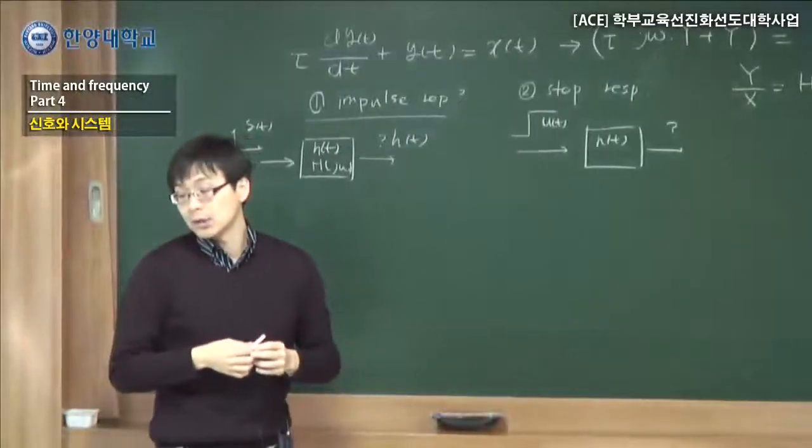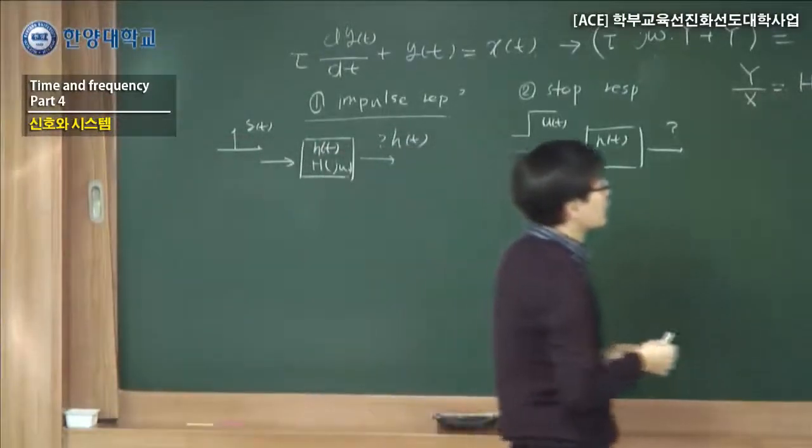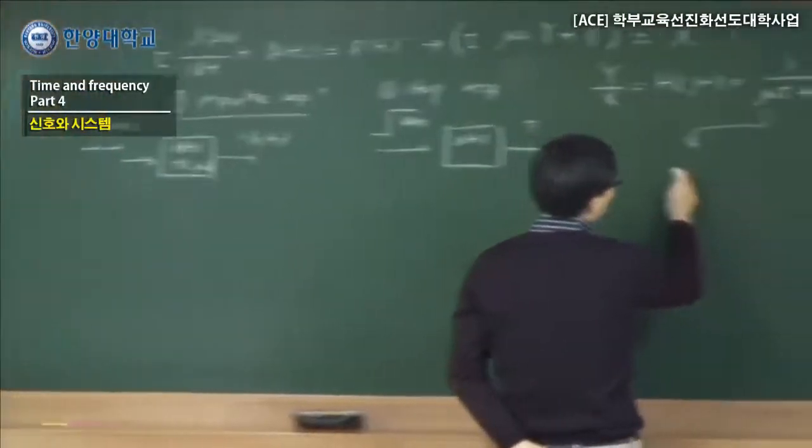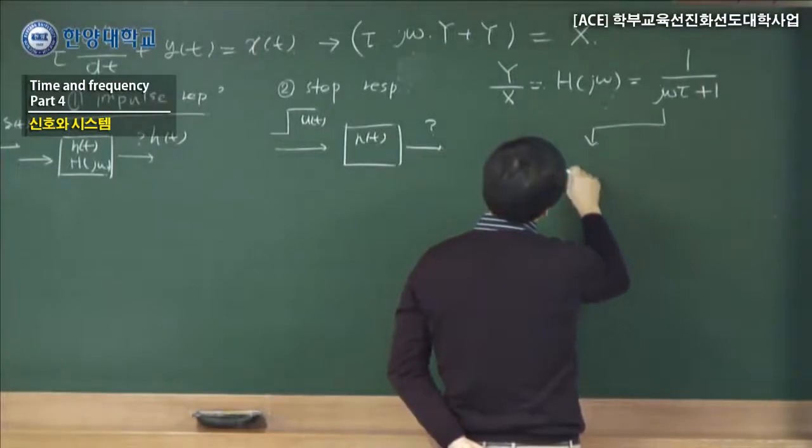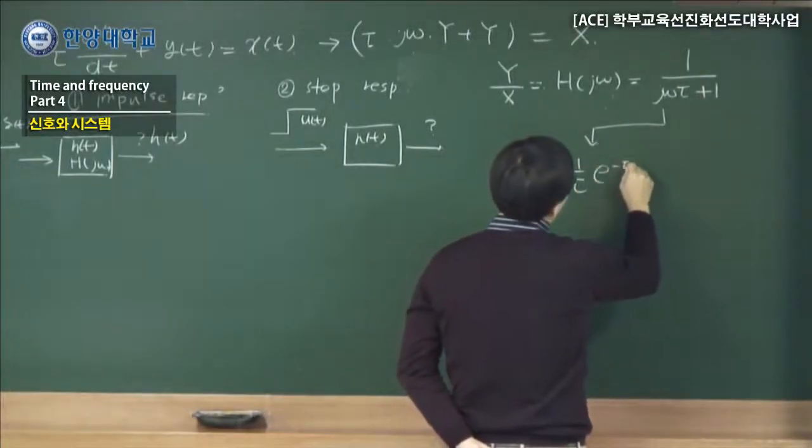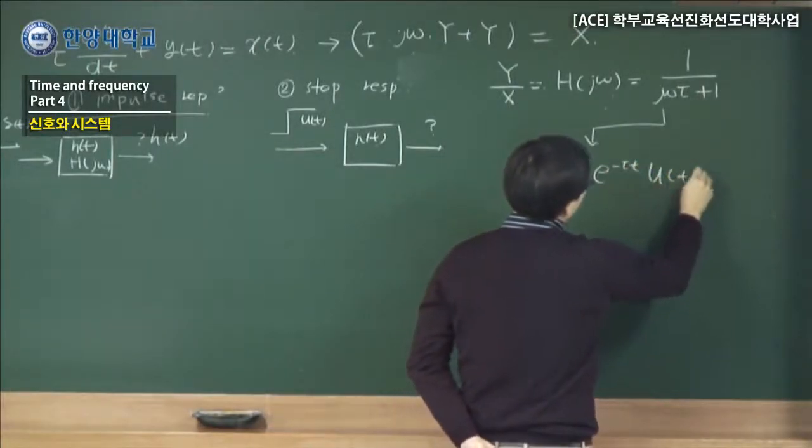If you remember, the result will be, I think, 1 over tau e to the minus t over tau u(t). Is it?